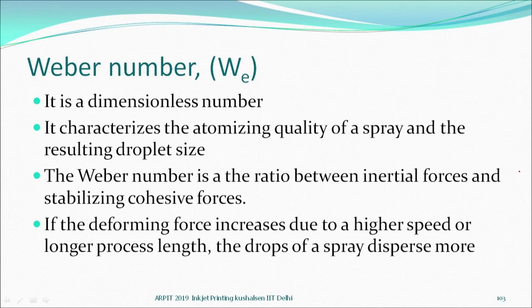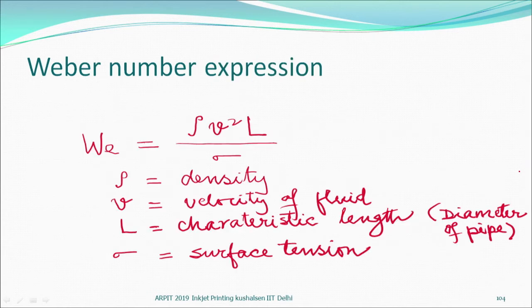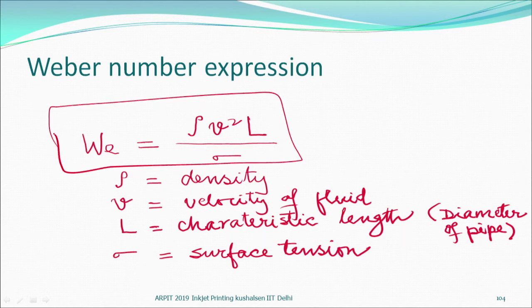If the deforming forces increase due to higher speed or longer process lengths, the drops of the spray disperse more. So, whether you want dispersion or not, that is control. Expression wise, this expression defines a Weber number, which is dependent on density, on the square of the velocity, on the diameter, and on surface tension. So, if you really want consistent formulation, all these have to be controlled as well.